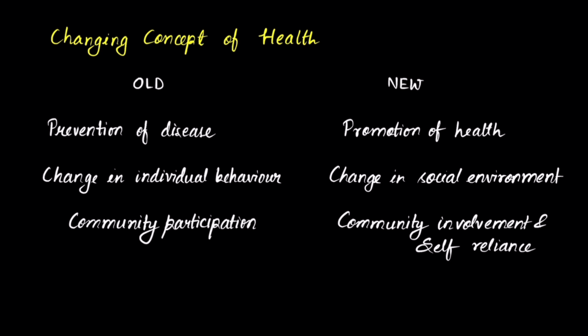This in turn will improve the health of the community. And by improving the health of the community, there will be motivation and encouragement among individual members of the community to improve the health of one another. So, in old concept, an individual was targeted. In new concept, the whole community is being targeted.